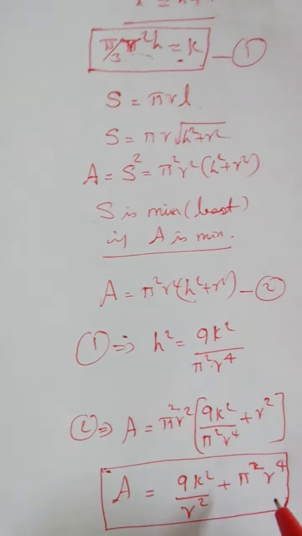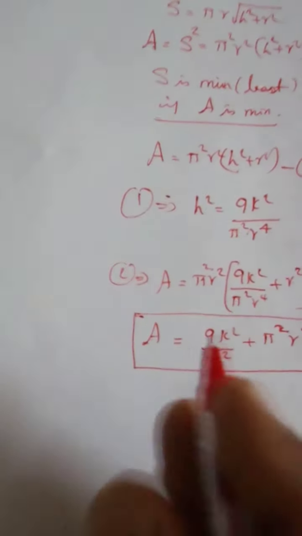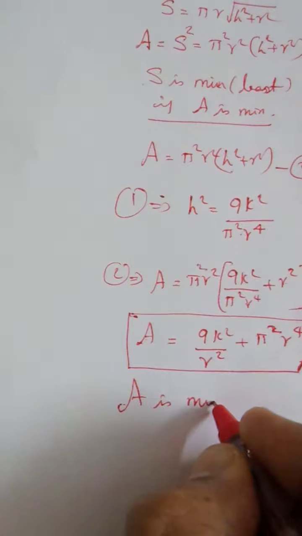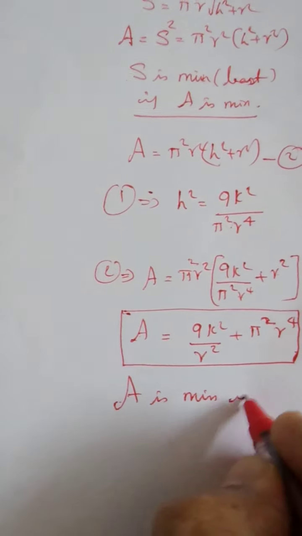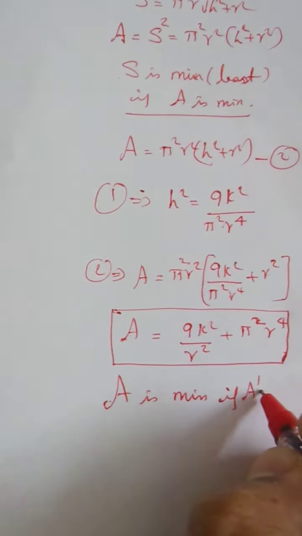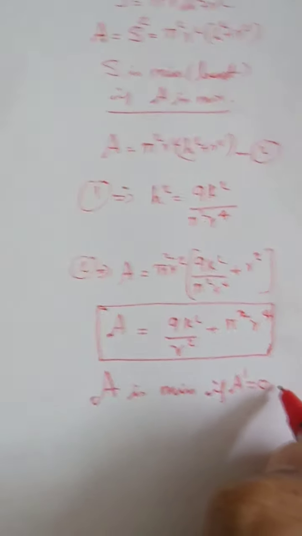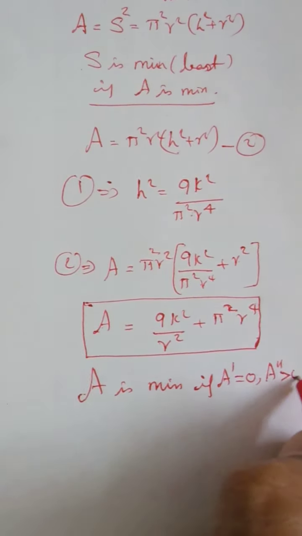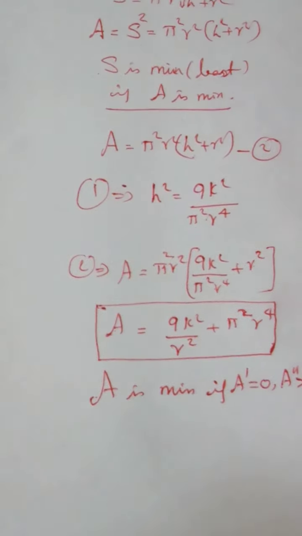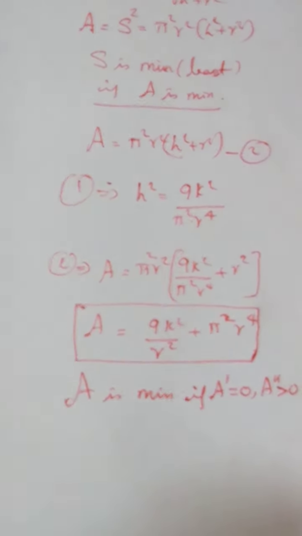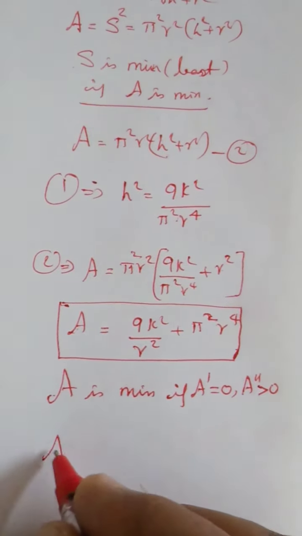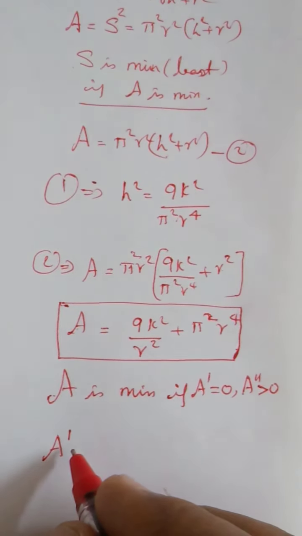Now what is the condition for the least value of A, that is the minimum value of A? A is minimum or least if A dash is 0 and A double dash is positive. That is the condition for minima of a function. Now we shall differentiate it. What do you get for A dash, or dA by dr?